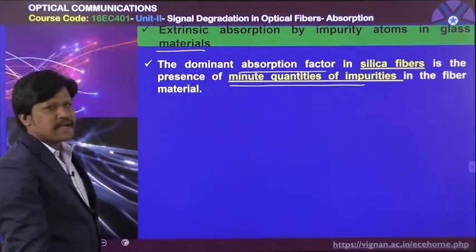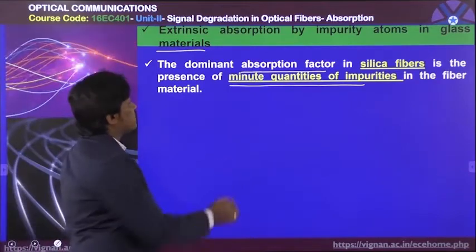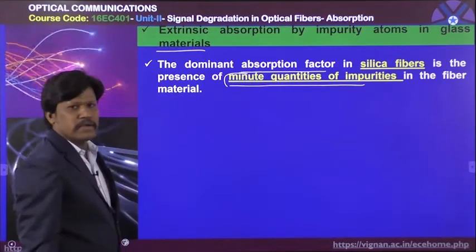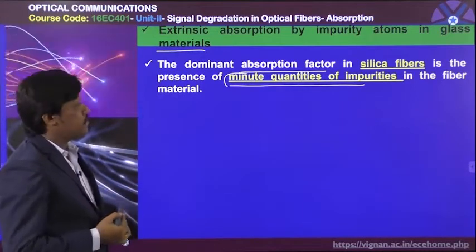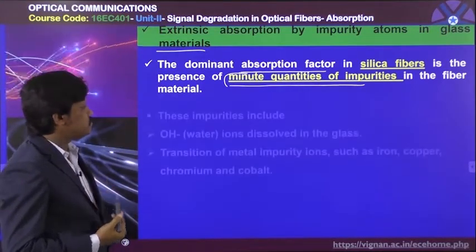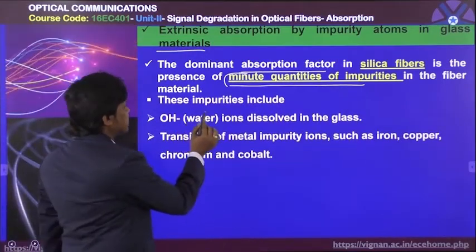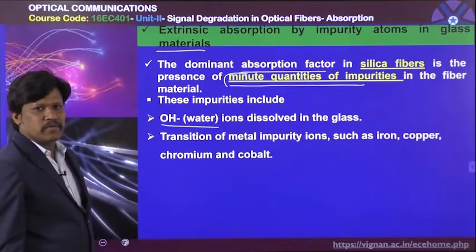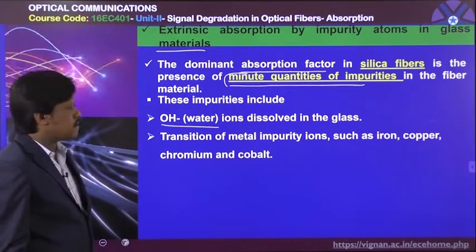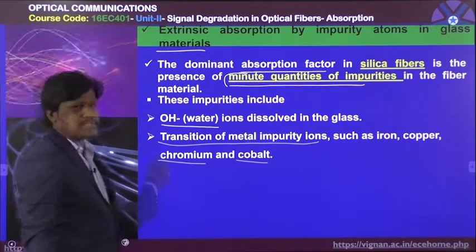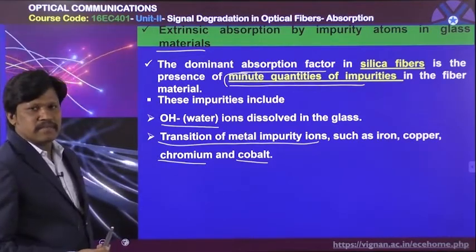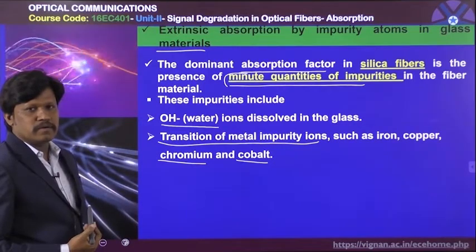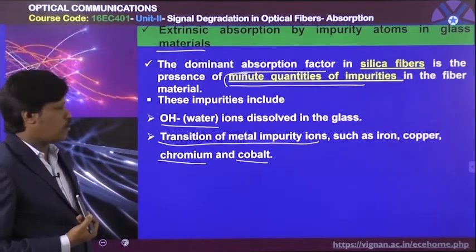These impurities include OH ions dissolved in the glass, and transition metal impurity ions such as iron, copper, chromium and cobalt.